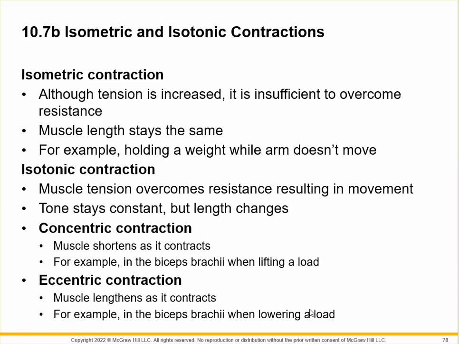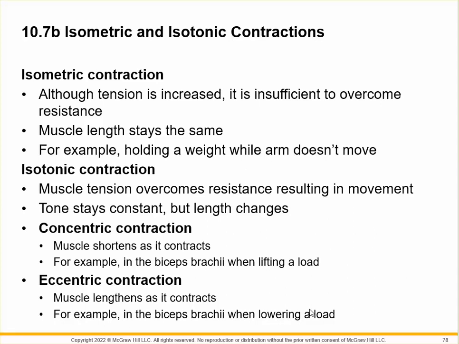Contraction is really about making the sarcomere shorter, moving the Z discs closer together, shortening the length of the muscle fiber. But it's really tension in the direction of shortening the muscle fiber. So we can have isometric and isotonic contractions.